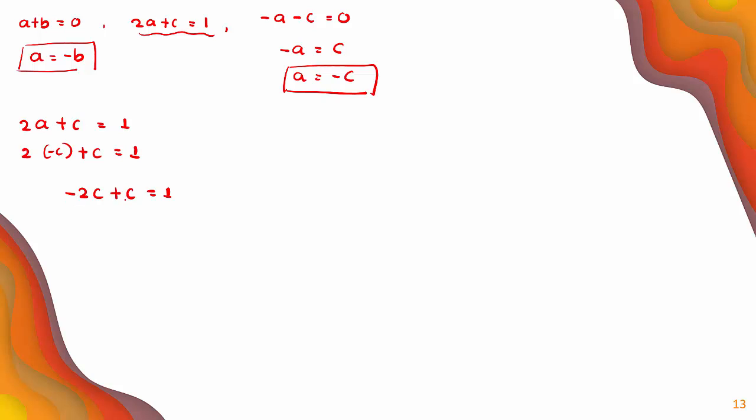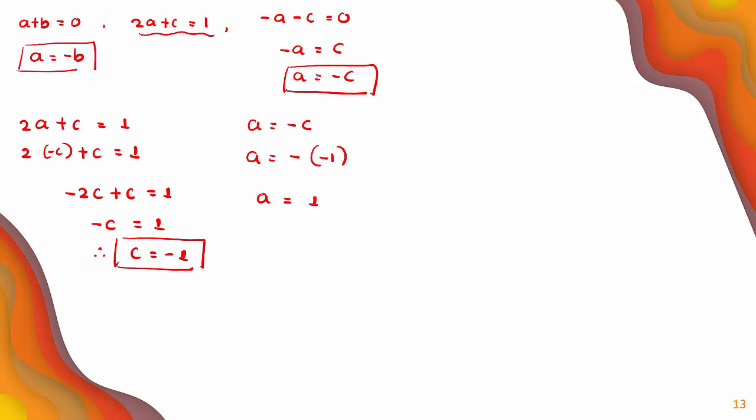Minus 2c plus 1c will be minus c equal to 1. Therefore, c equal to minus 1. Substituting c equal to minus 1 in a equal to minus c, minus into minus will be plus. So we got a equal to 1.